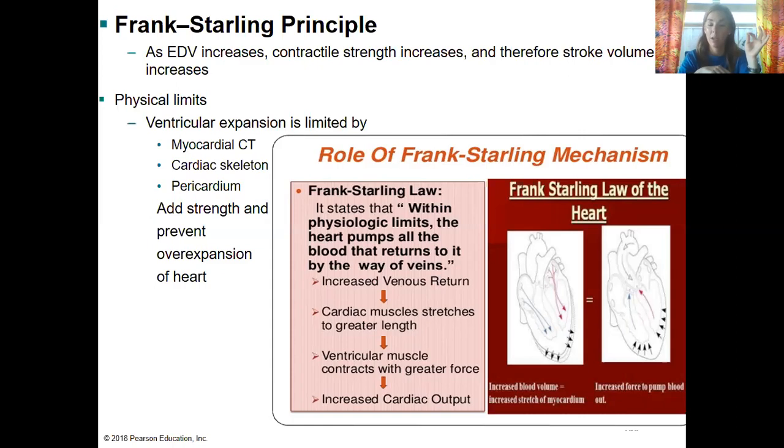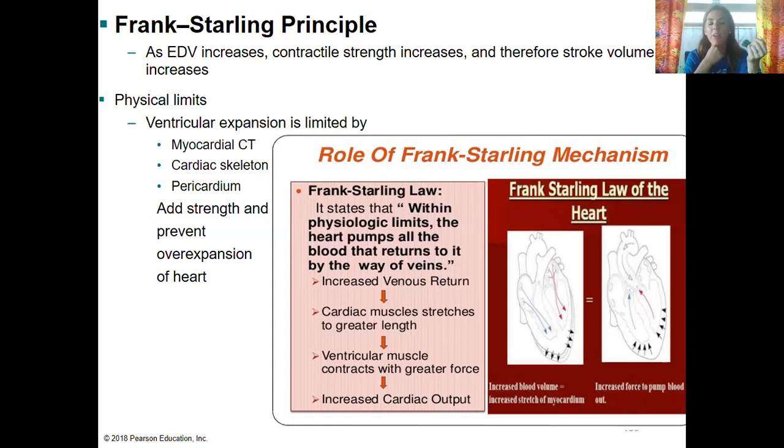Whereas if I compare that to the little balloon that looks like a little scrotal sac, there's not a lot of stretch to it and not a lot of air that can come out. So basically, Frank-Starling principle is more in equals greater strength equals more out.